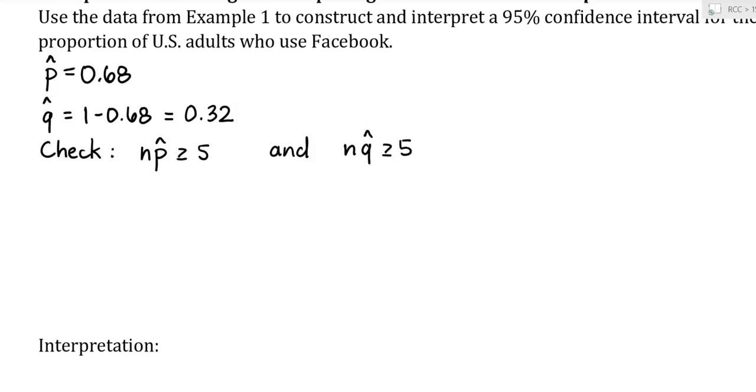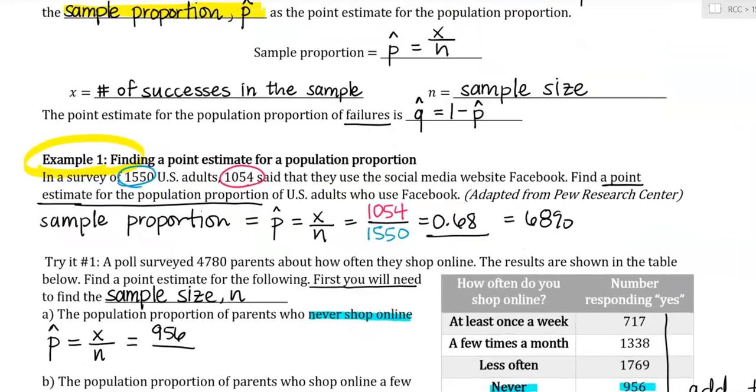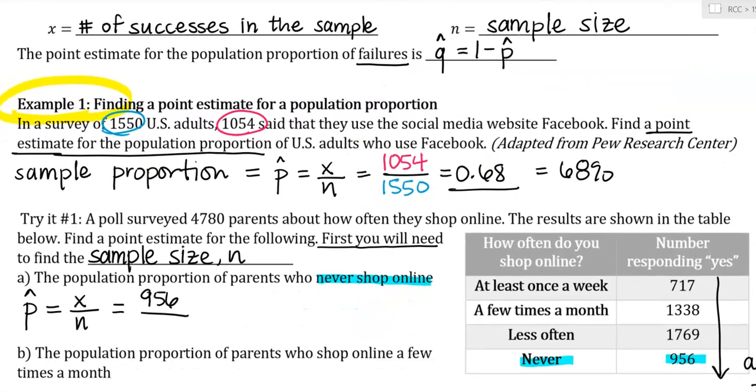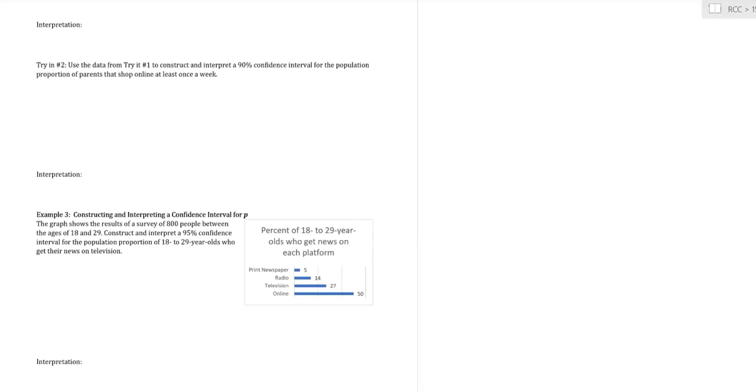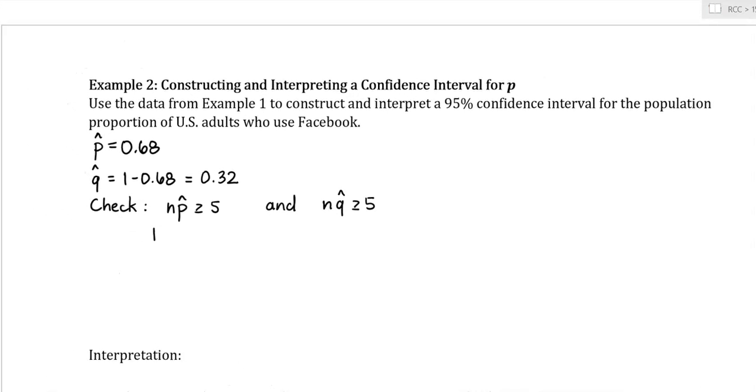and that n times Q hat is greater than or equal to 5. Back from example 1, I'm scrolling back up so we can make sure we're using the correct n value. There were 1,550 U.S. adults included in that survey. That was our n value, so I'm going to use that down here. I'm checking that 1,550 multiplied by P, which is 0.68, is greater than or equal to 5.